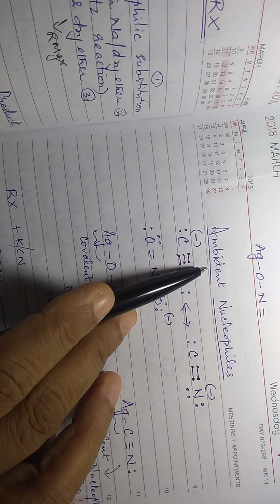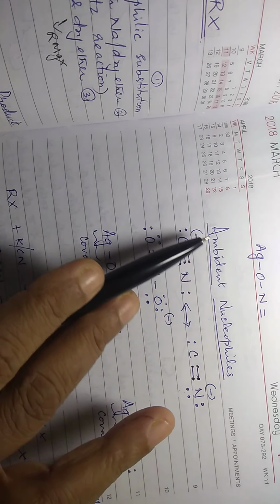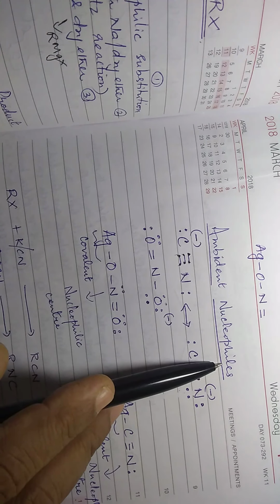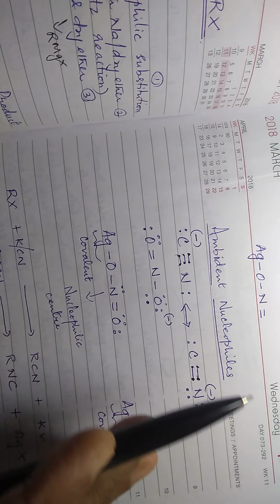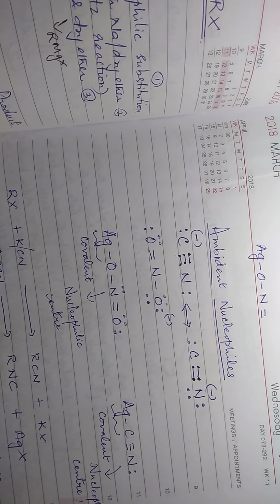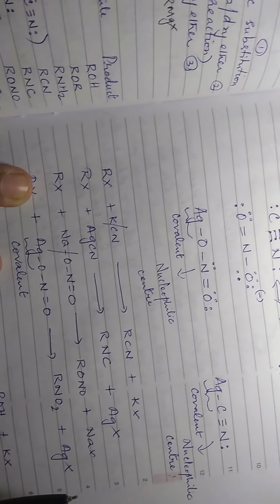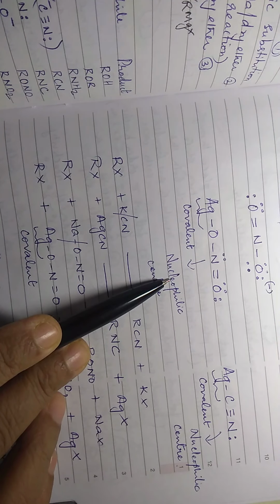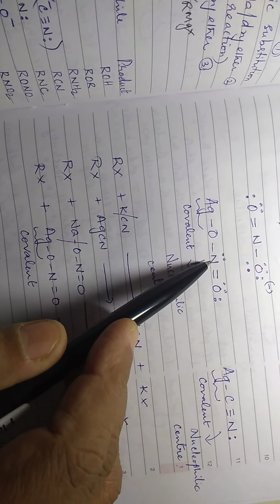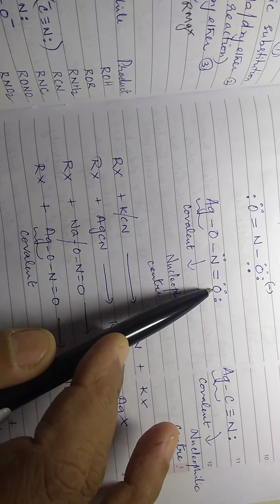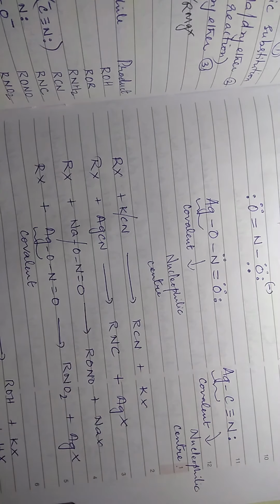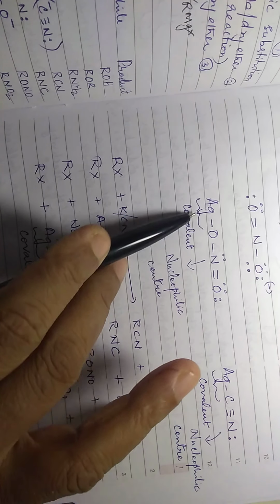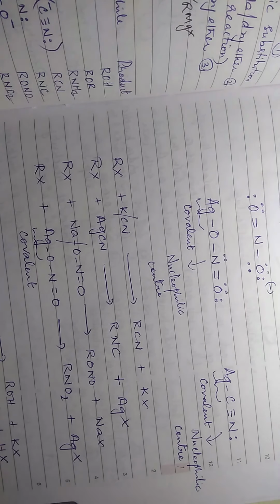Such species are called ambident nucleophiles. The site of attack may be any atom in that group. Same way you have this AgNO2. This is also an ambident nucleophile where nitrogen can act as a nucleophilic center, and oxygen can also act as a nucleophilic center.